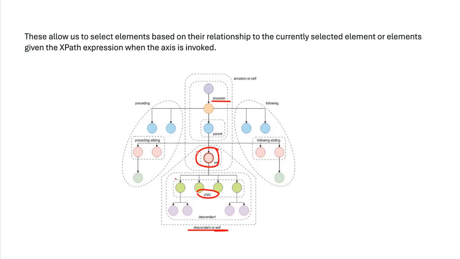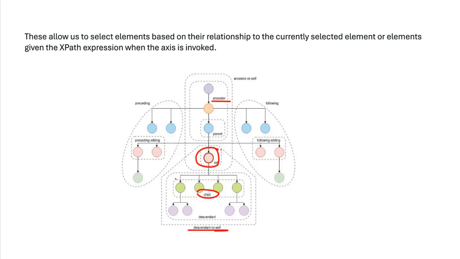If you want to identify the child which is on the left side of the self node, then it will be called preceding-sibling. You can use the preceding-sibling keyword to identify from this node to this node.